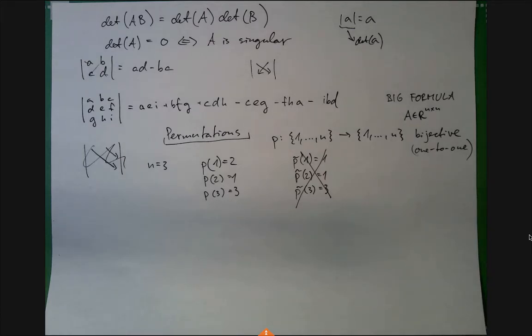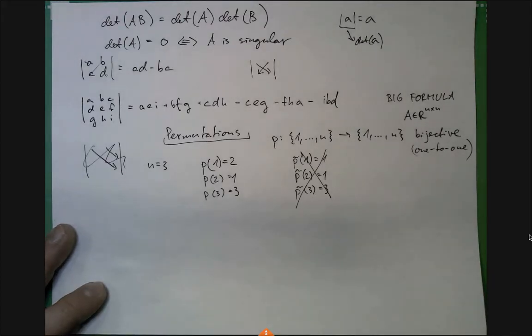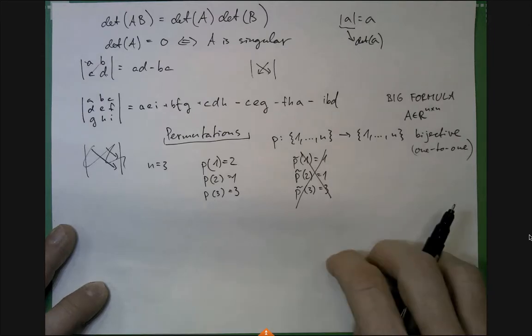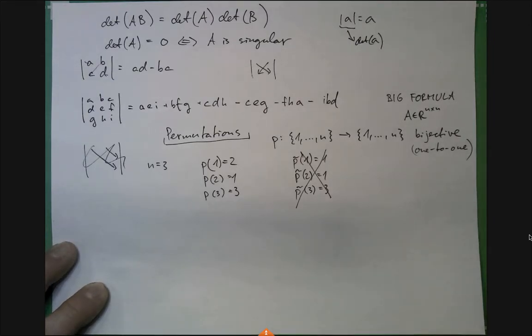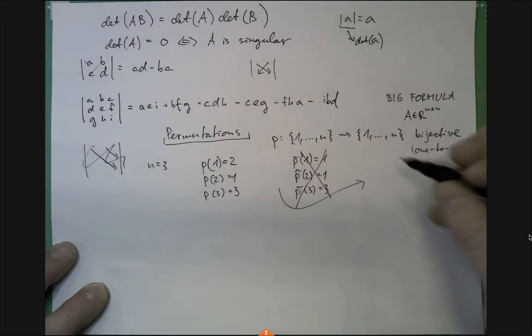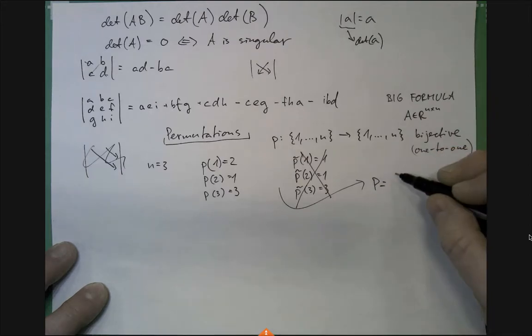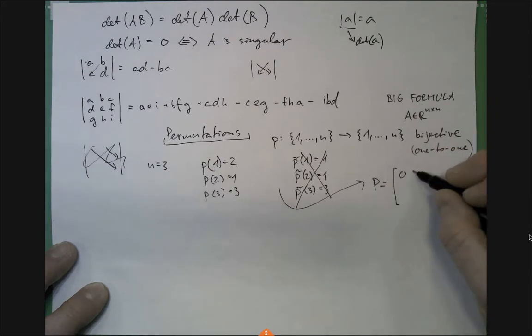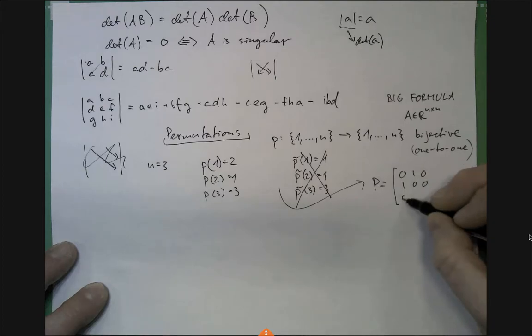We talked about permutations a little bit before, and I said that they can be represented using matrices. Even more, they form a group, and you can reason about all these group properties. So the matrix representing the permutation, the capital P matrix, would be 0, 1, 0, 1, 0, 0, 0, 0, 1.